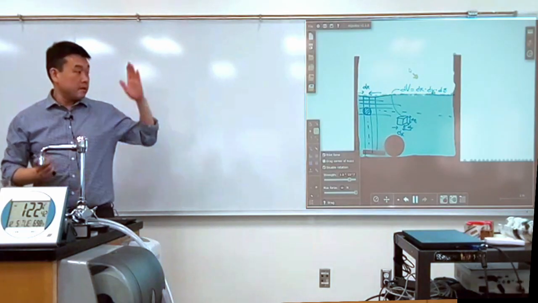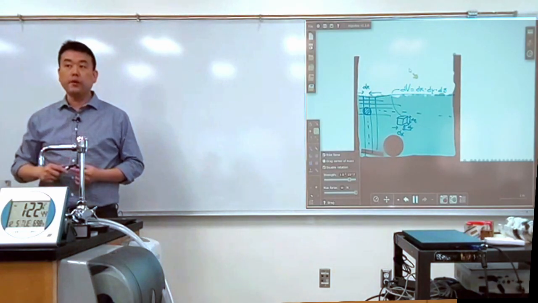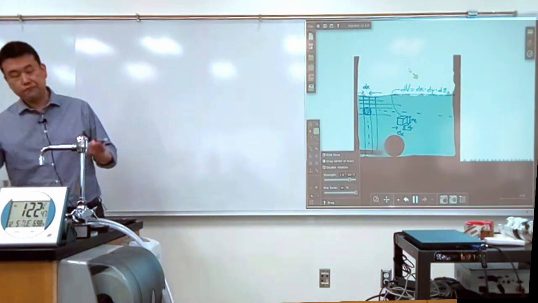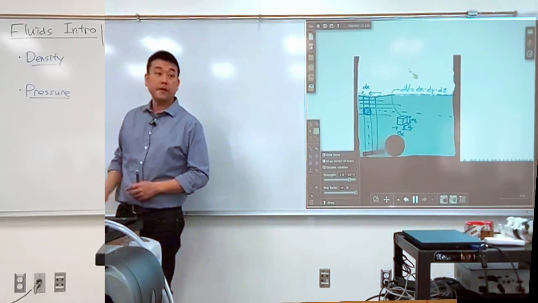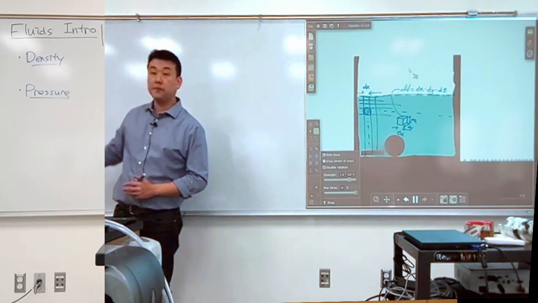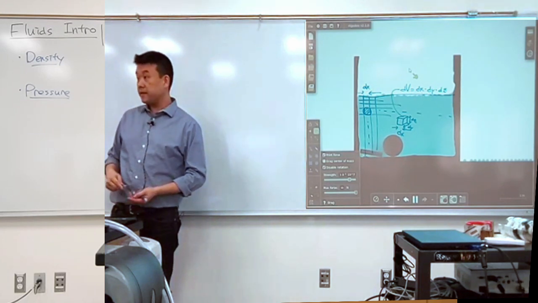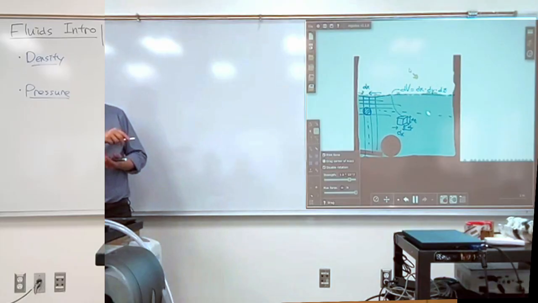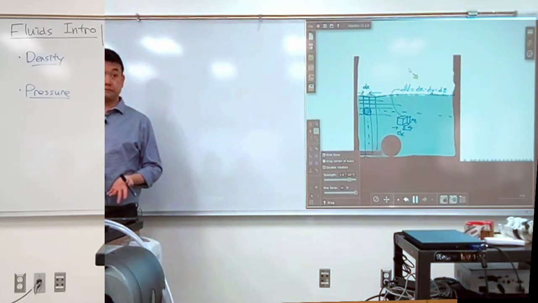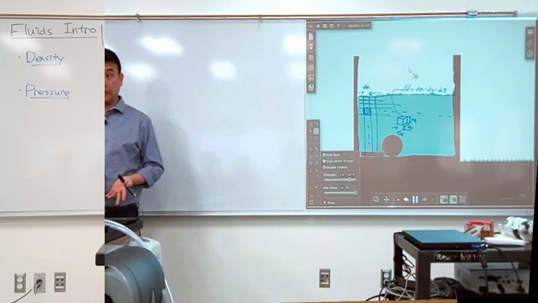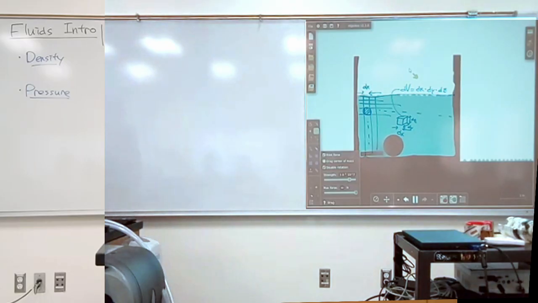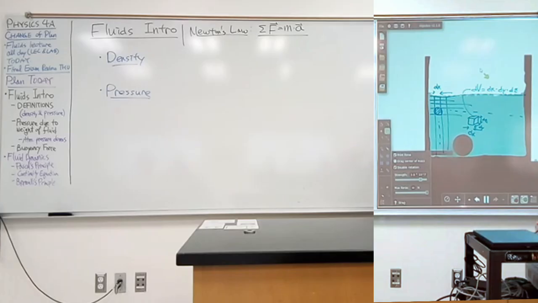So this is the context where we want to introduce the new-ish concept of density and pressure, because these two ideas will help us express the mechanics involving this little fluid element. Okay? So let me just introduce density and pressure, since that's the quickest way to introduce it.